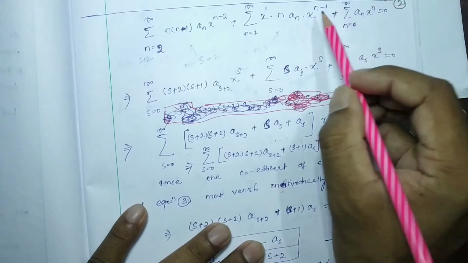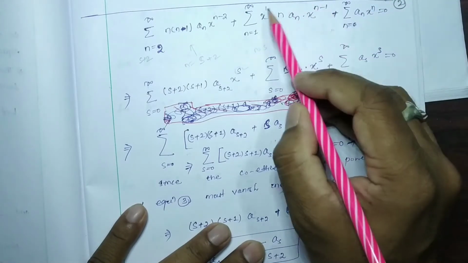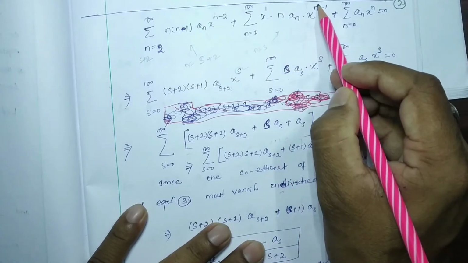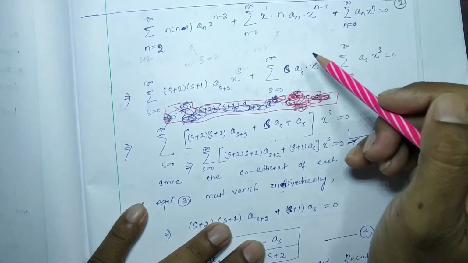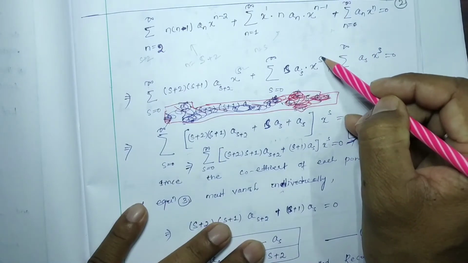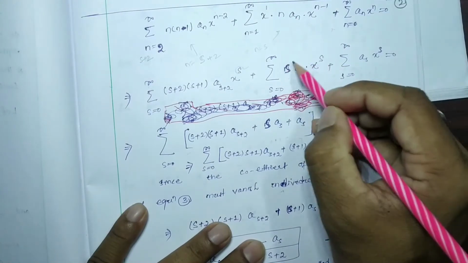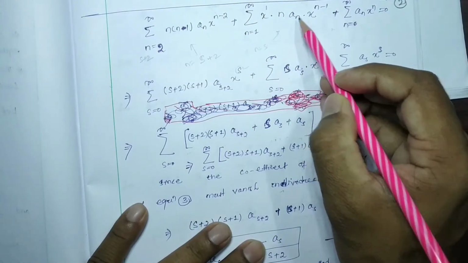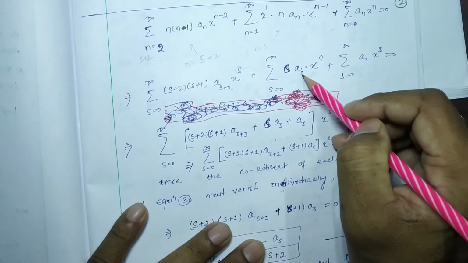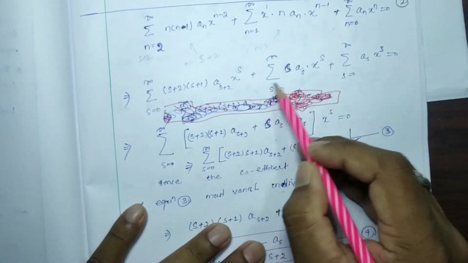In this term, x to the power n minus 1 plus 1 is x to the power n. So instead of n, if we put s, it will automatically be x to the power s, this n will be written as s, and this a n will be written as a s.